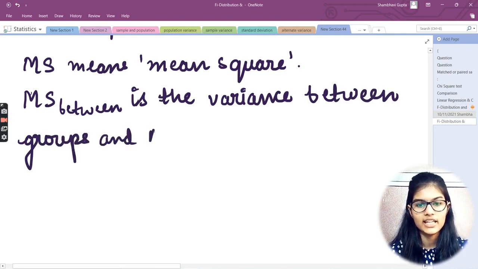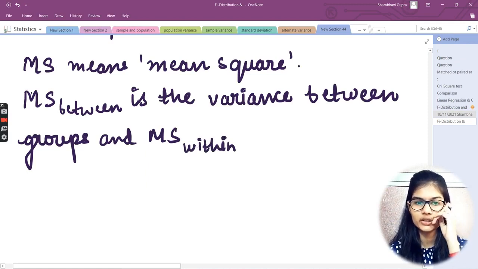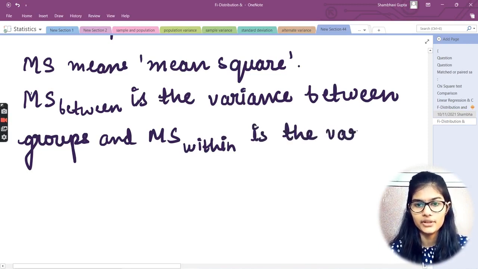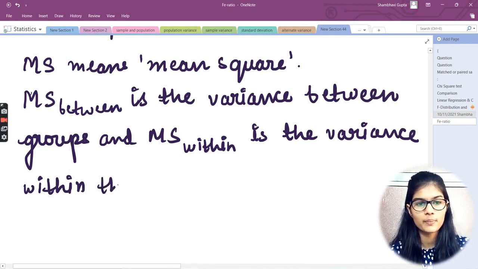So MS between is the variance between groups, and MS within is the variance within the groups. Sorry, not between, MS within is the variance within the groups, because between is almost finished, as we discussed it above.